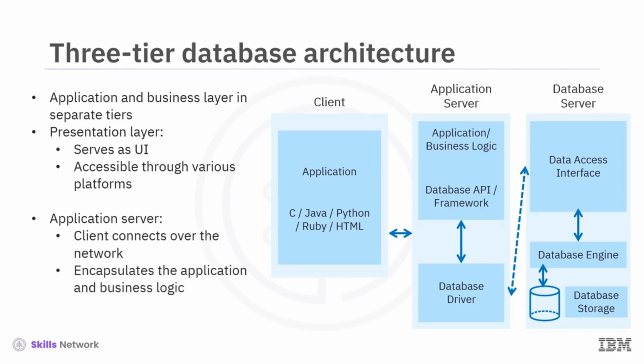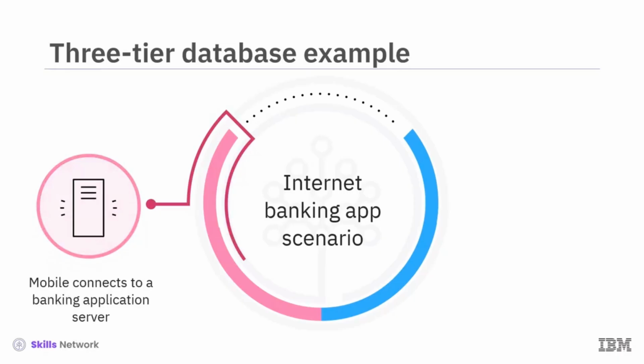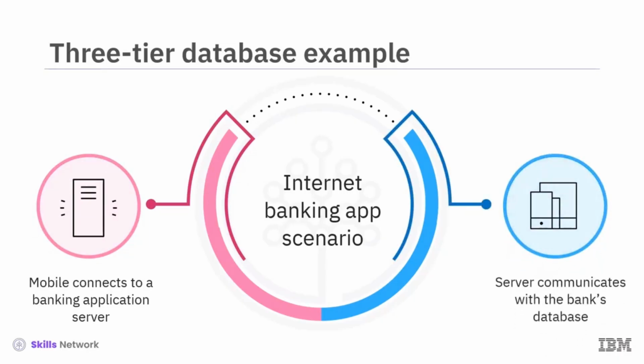The application server encapsulates both the application and business logic, establishing communication with the database server through a database API or driver. For instance, in an internet banking app scenario, the client application, such as a mobile phone, connects to a banking application server, which further communicates with the bank's database servers, storing users' account data.